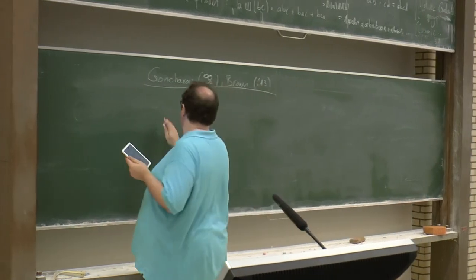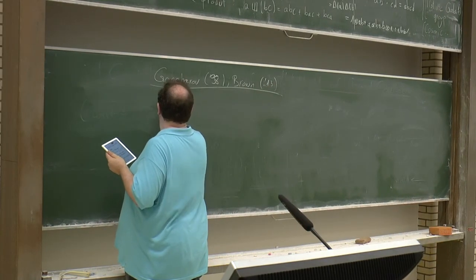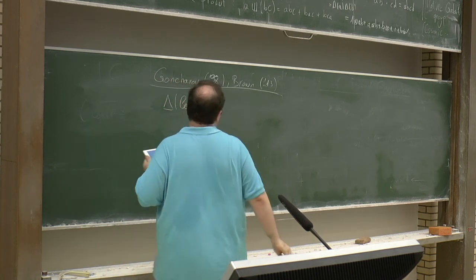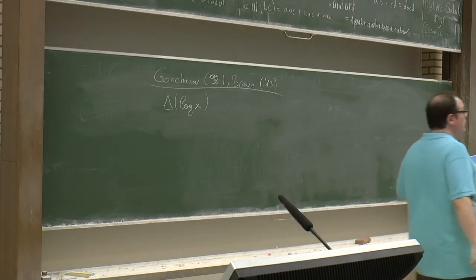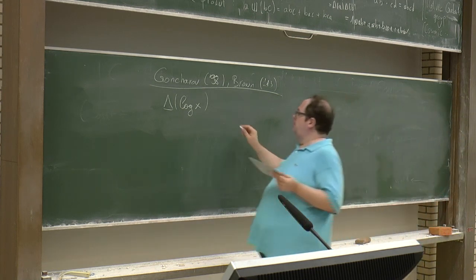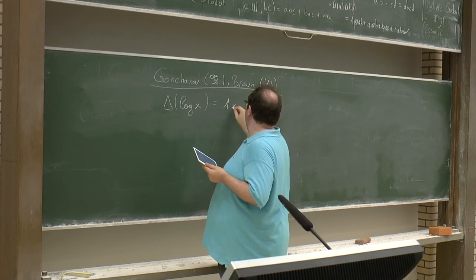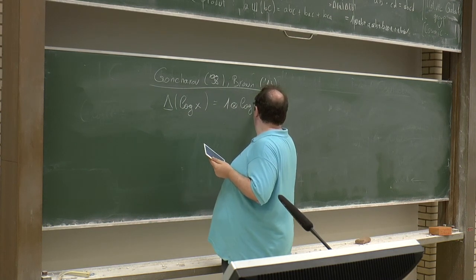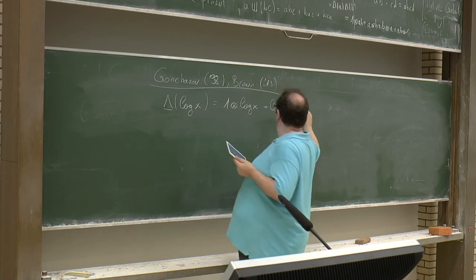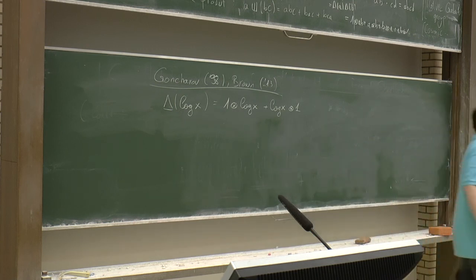So, let's try to guess what the coproduct of the logarithm could be. What could this possibly be? If you compare it with the thing up there, the most natural thing you can write down is this, because letters are objects of weight 1.